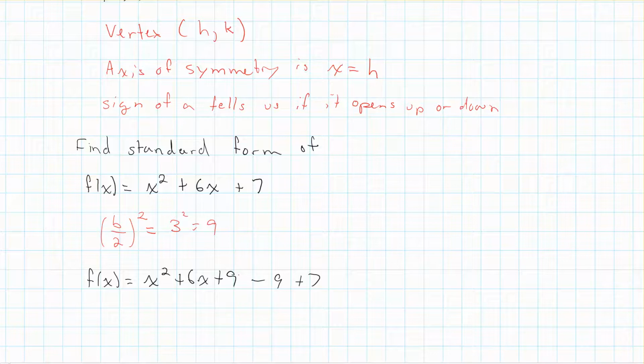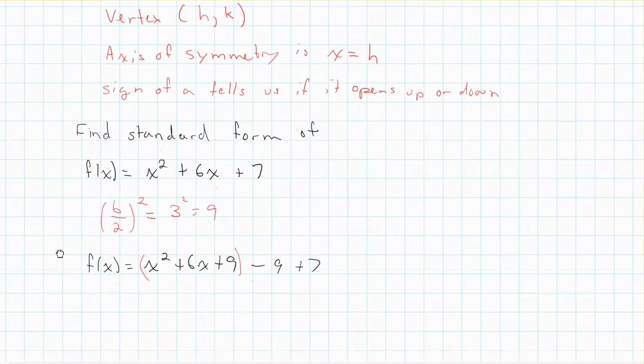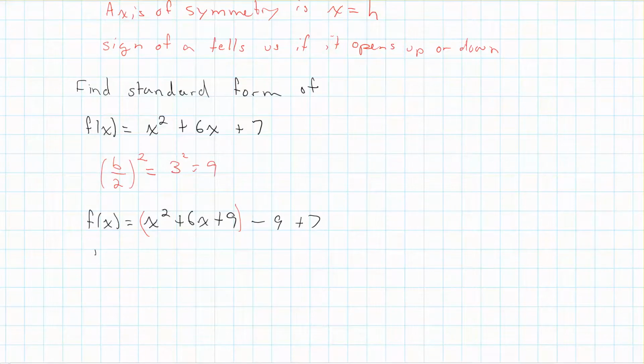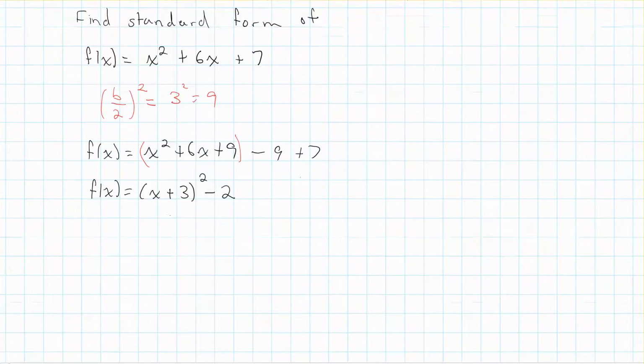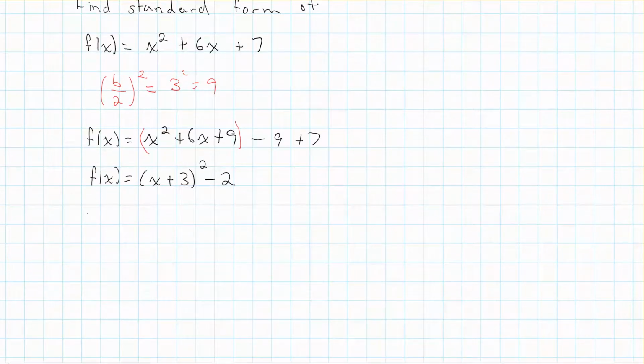But then what I'm going to do here is group these terms together, x squared plus 6x plus 9, because I've completed the square, and that's going to factor for us. And so this factors to x plus 3 quantity squared, and then minus 9 plus 7 is minus 2.